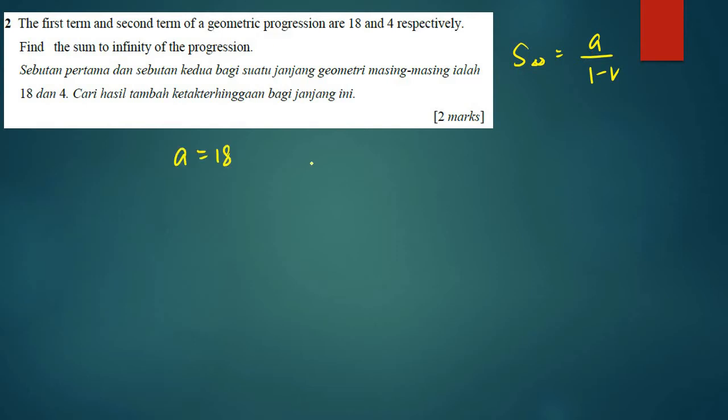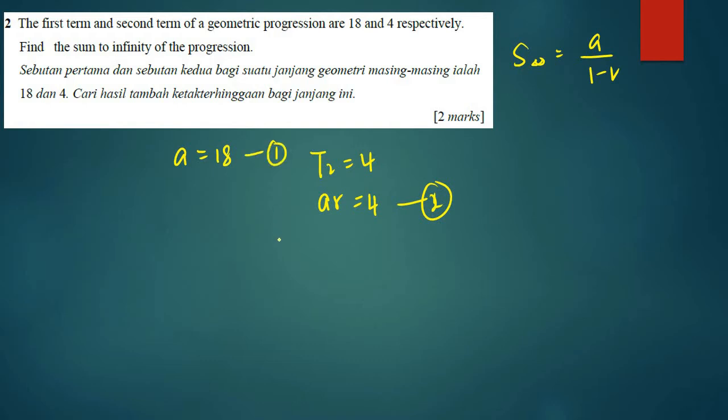Knowing that the first term equals 18 and the second term equals 4, the formula for the second term is AR to the power of 2 minus 1. So AR to the power of 1 equals 4. This is equation number 2, and this is equation number 1.